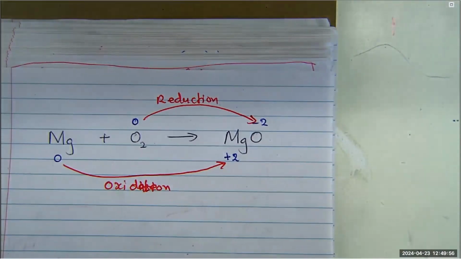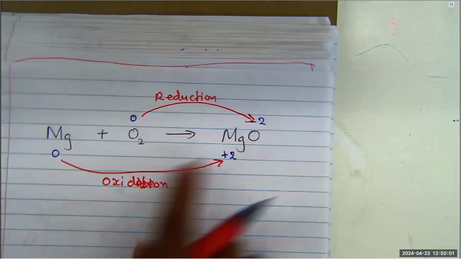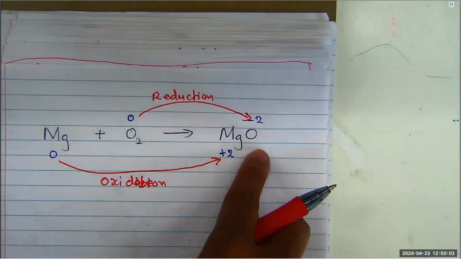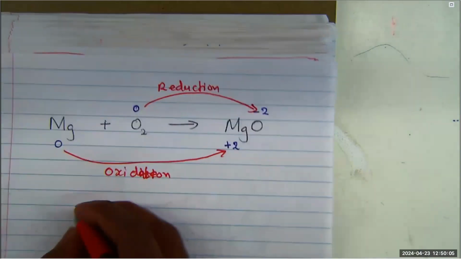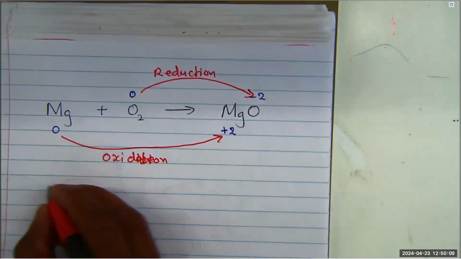So you see that one species has been reduced while the other one is oxidized. These are known as reduction oxidation reactions.